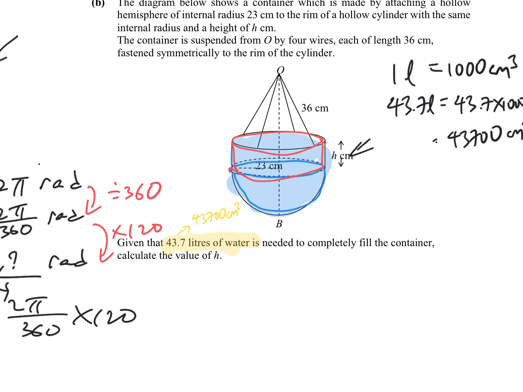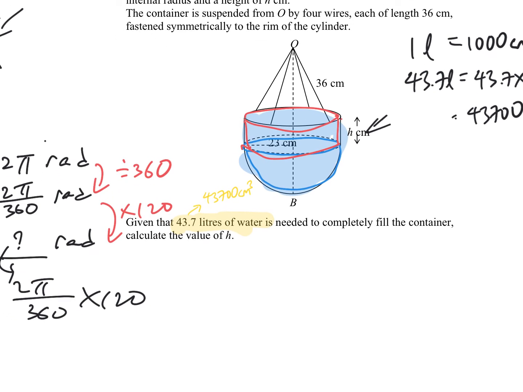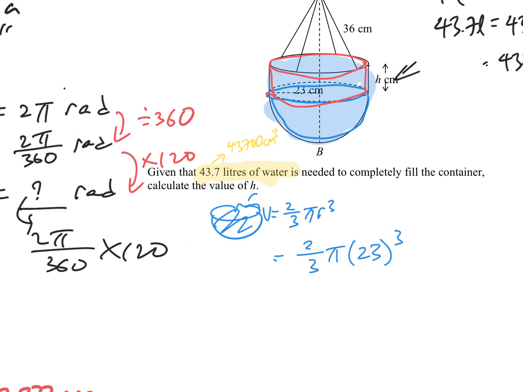Alright, so now let's try to find the volume. So the volume of the hemisphere is given by 2/3 pi r cube, where this is r. And so when we plug it in, what we get is 2/3 pi 23 cubed. Yep. And then we want the volume of the cylinder. And so the volume of the cylinder is actually, of course, this is for height h and the radius r.